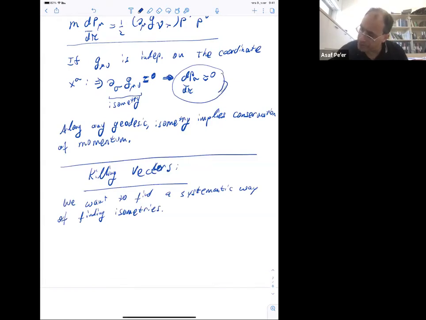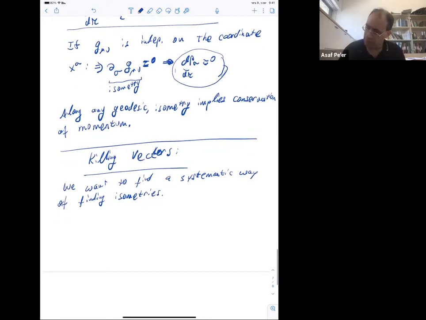We start from this result, which represents the conservation of a component of the momentum, and we want to express it in a way which is independent of the coordinates. So dp_σ/dτ equal to 0 represents conservation of momentum component.